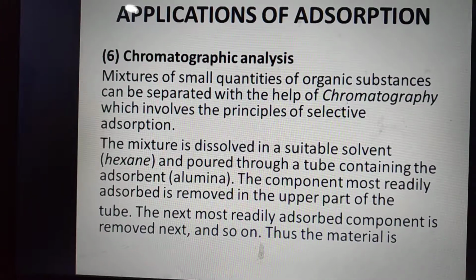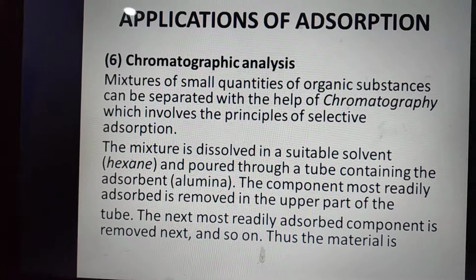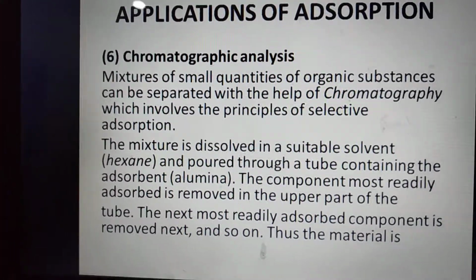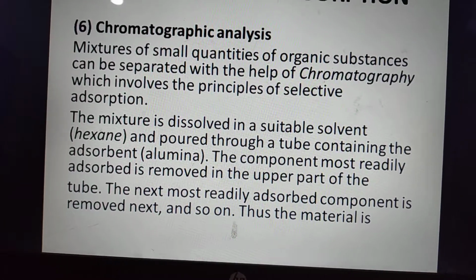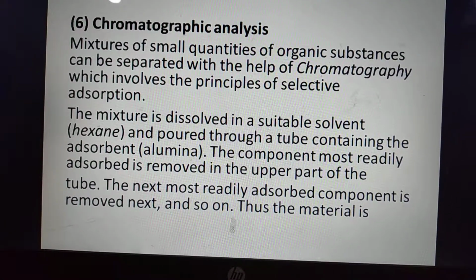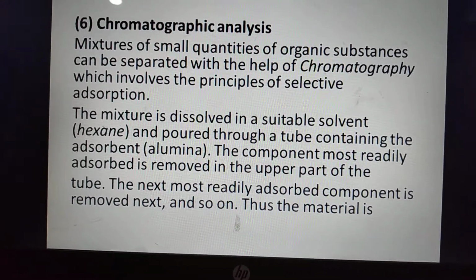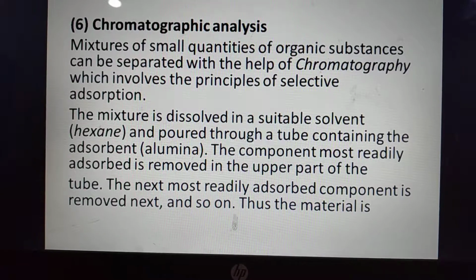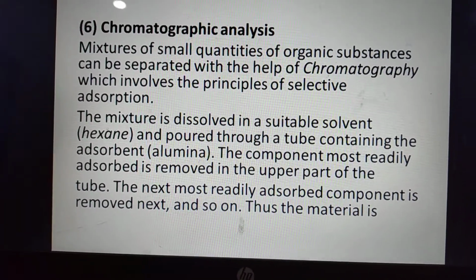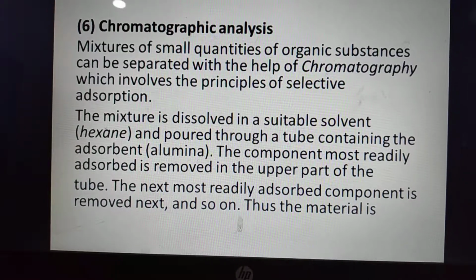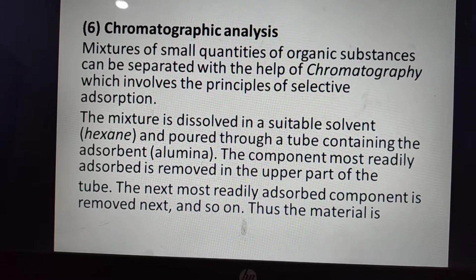Chromatographic analysis is a very famous example. A mixture of small quantities of organic substances can be separated with the help of chromatography, which involves the principle of selective adsorption. The mixture is dissolved in a suitable solvent such as hexane and poured through a tube containing the adsorbent alumina. The component most readily adsorbed is retained in the upper part of the tube, the next most readily adsorbed component is retained next, and so on.